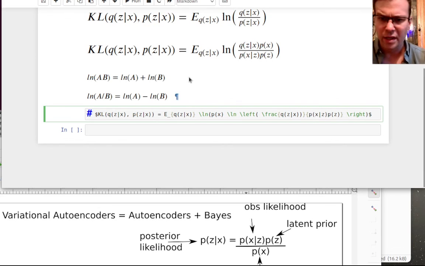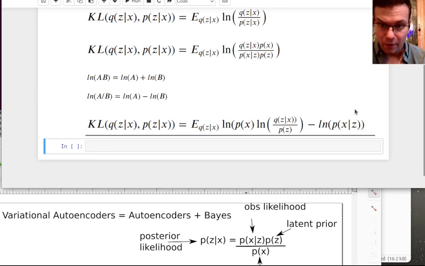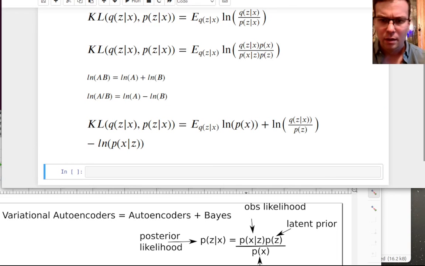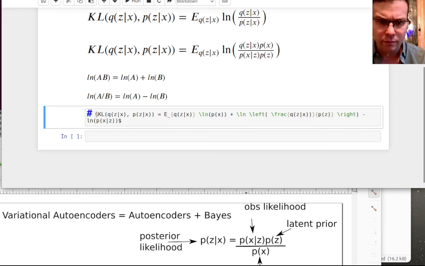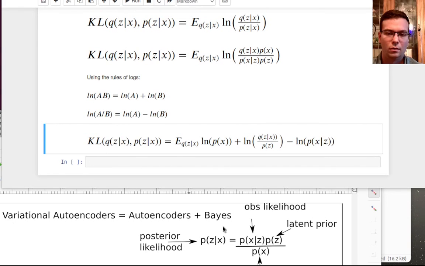I will keep the Q(Z|X) over P(Z) in there, but I will take the P(X|Z) out of the denominator. So that'll come out as a negative log. Oops, I should have said natural log of P(X) plus. So again, just applying those log rules, this is the expression that I end up with.